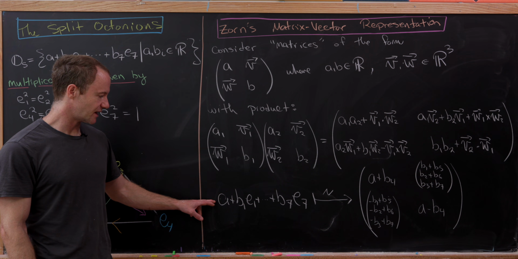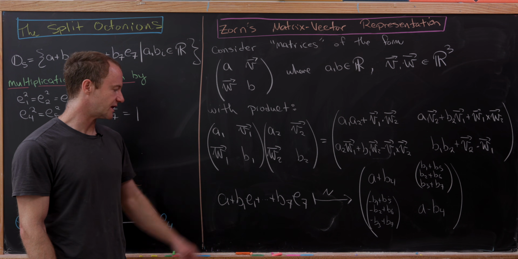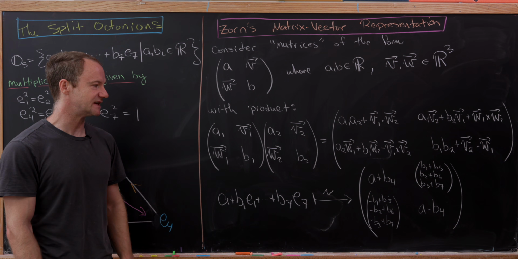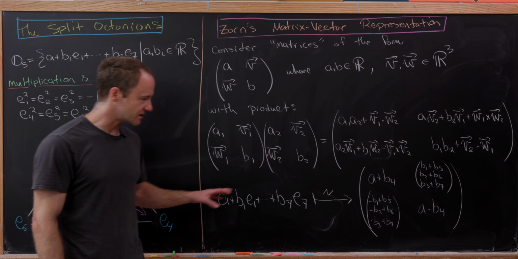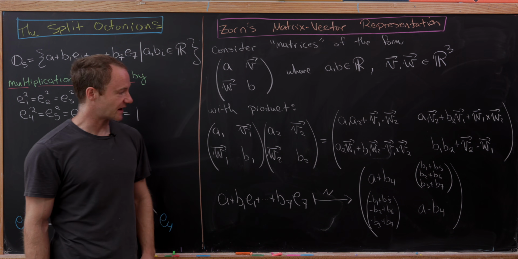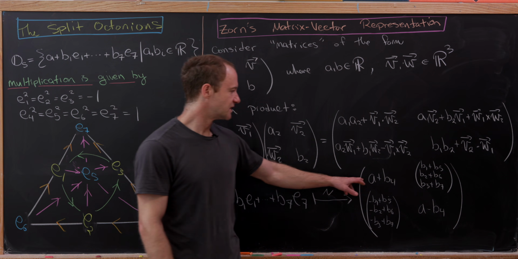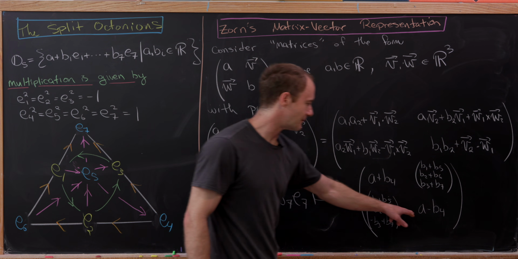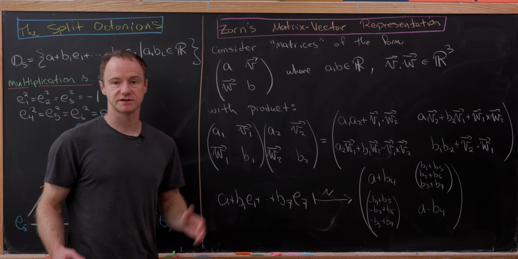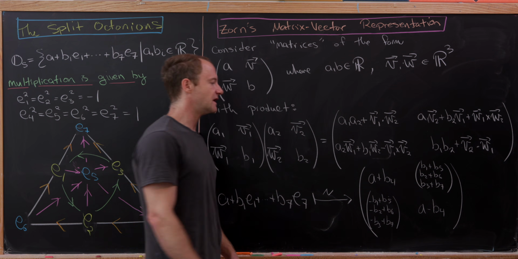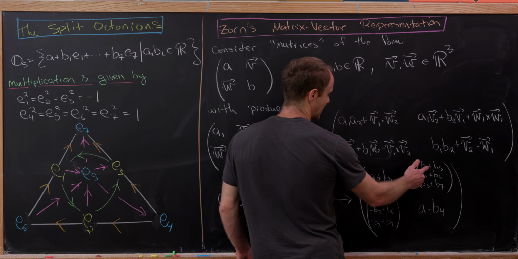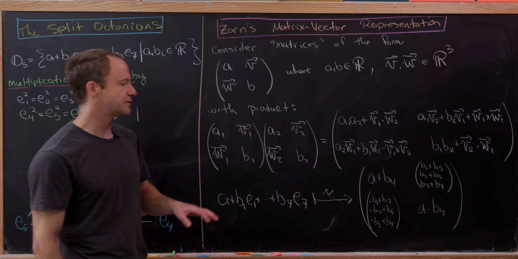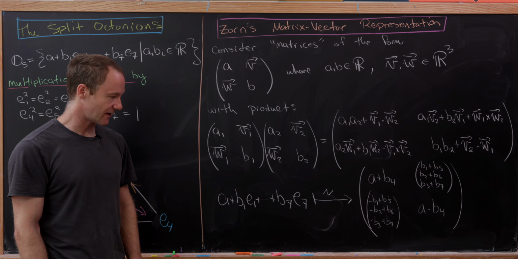So if you take a split octonion A plus B1E1 all the way up to B7E7, that corresponds to the matrix vector defined like this. So we've got A plus B4, A minus B4. Those are your numbers on the diagonal. And then here we've got a vector made up of B1 plus B5, B2 plus B6, and B3 plus B7.